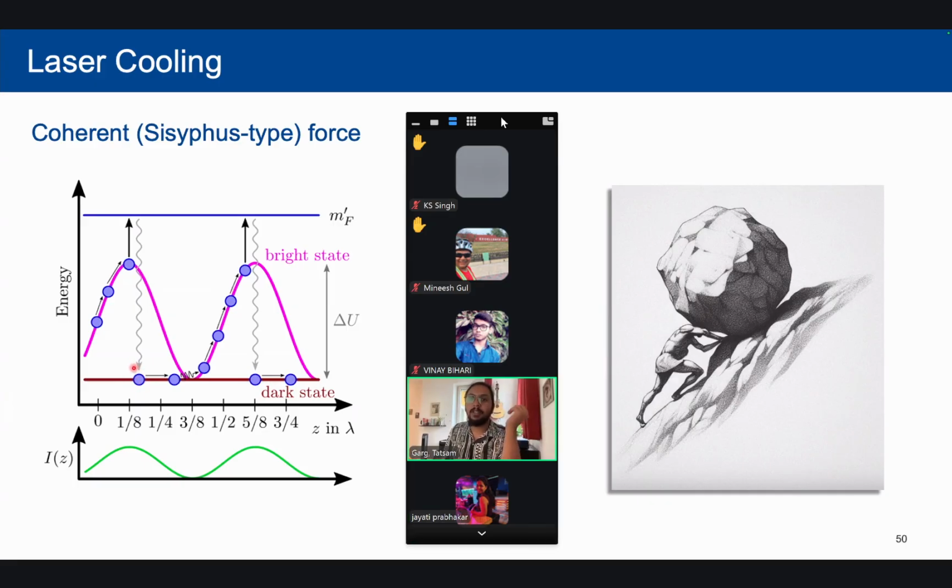So it has a little bit of energy. There are different scales of energy here. This hill is on the level of maybe tens of microkelvin, and the atom can then still have energy left corresponding to a few microkelvin.